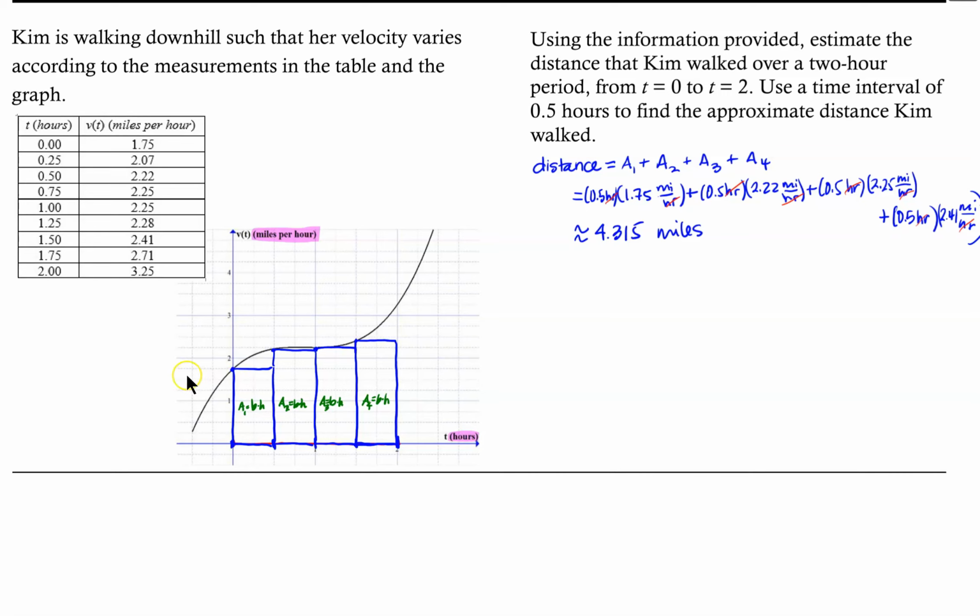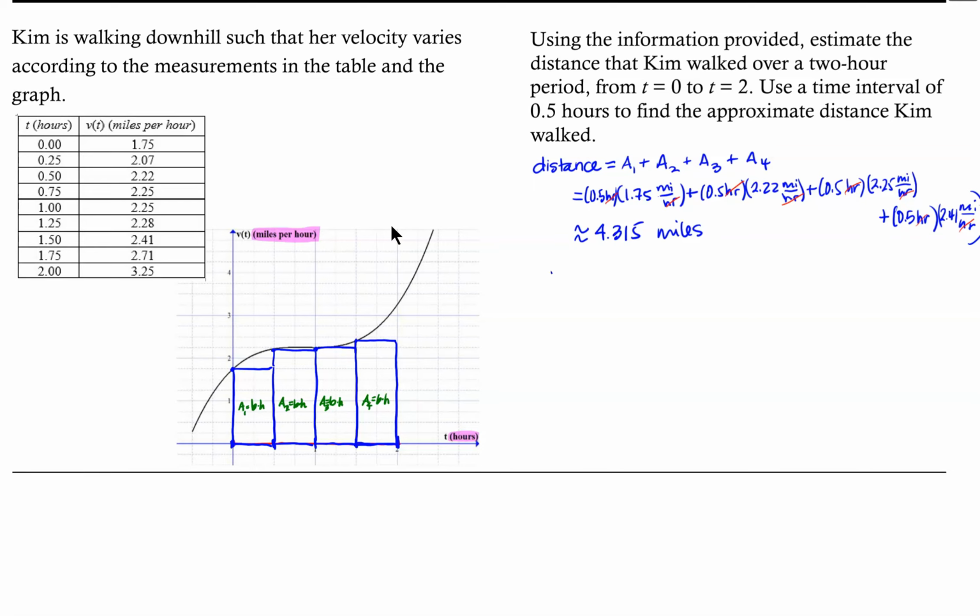Now, notice though that we mentioned there was an error, that there are these pieces of distance that we haven't captured in our estimate. And notice also that our velocity function is an increasing function.